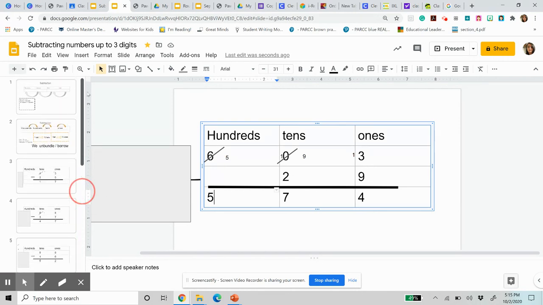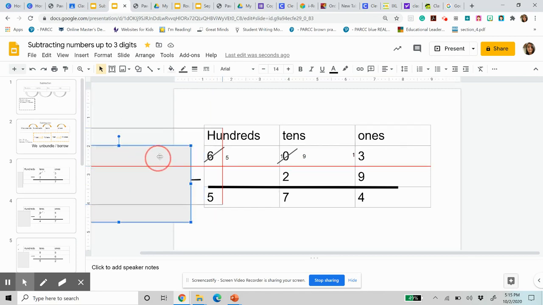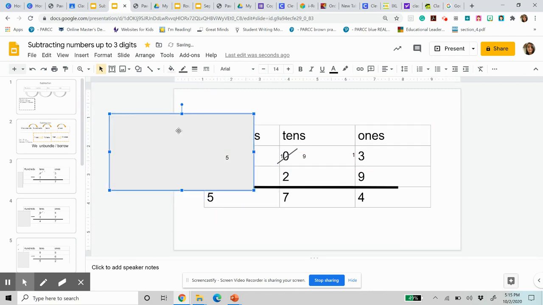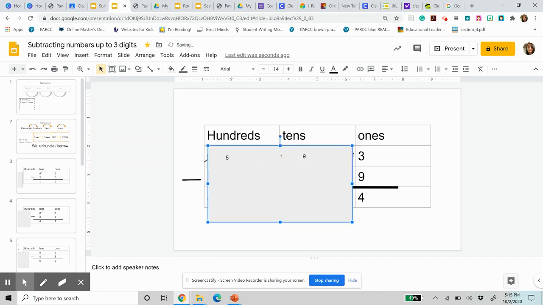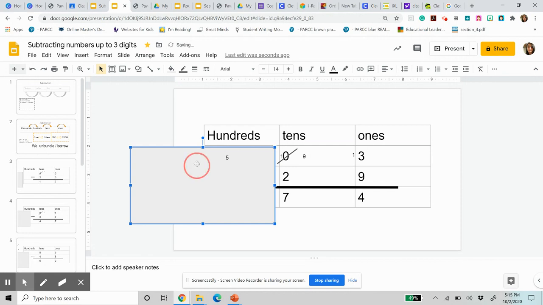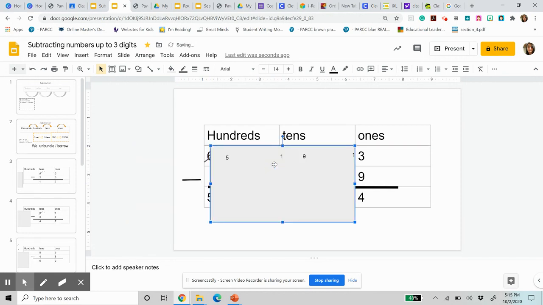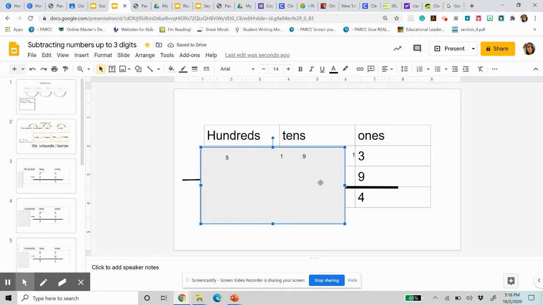Okay, so again, paper helps so that you can go step by step. Okay, go one neighbor at a time, right to your next door neighbor. Don't jump neighbors. Okay, just go one neighbor at a time.